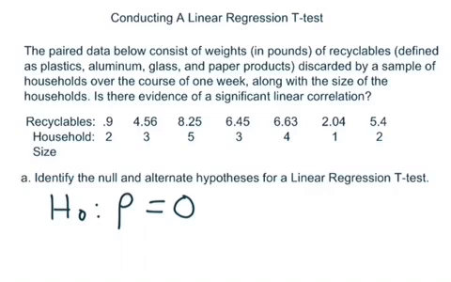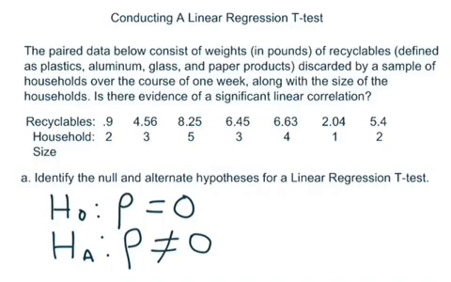This is the statement of no significant correlation between the variables. Our alternate hypothesis, H sub A, can be written as rho is not equal to 0, stating that a significant correlation between the groups exists.